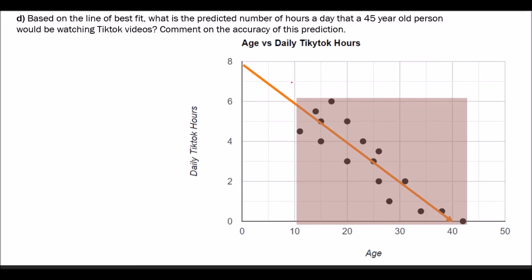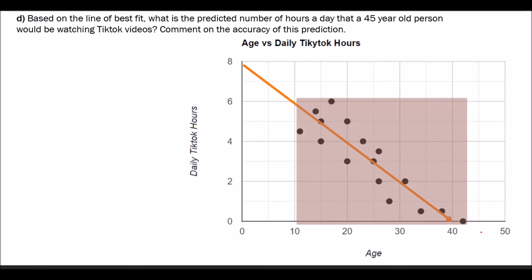But anyway, 45-year-old person. So let's have a think, guys. Where would 45 be here in terms of age? Outside the box. Good. It would be here on the number line. This is 45. If you try to think about where the line's going to go, about here, is that accurate? If you're 45, you're going to be spending negative hours watching TikTok. Does that make sense?